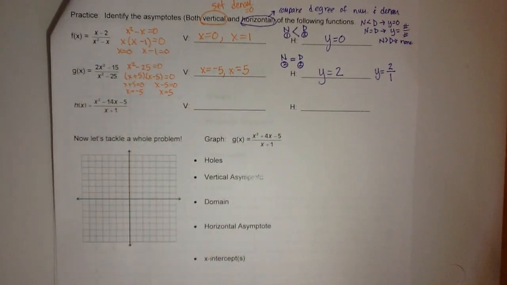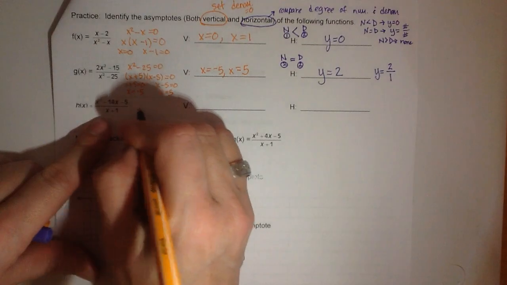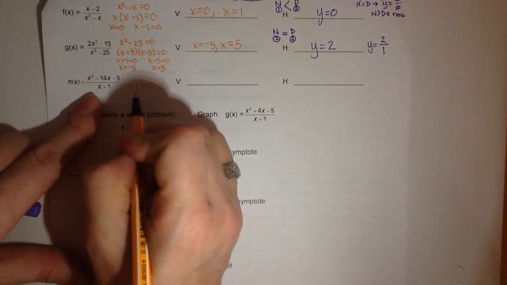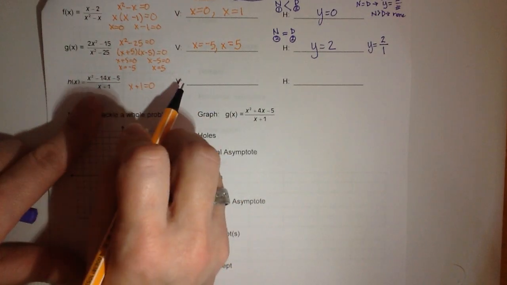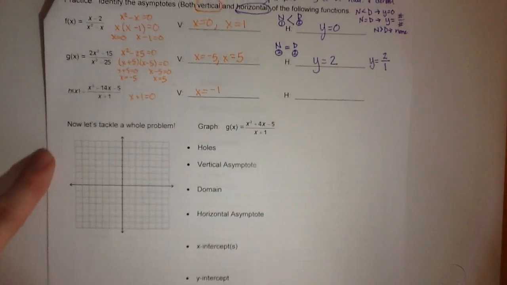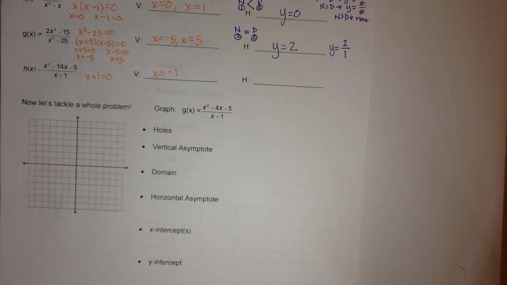H of x. Vertical asymptote. Set the denominator equal to 0, so x plus 1 equals 0. Subtract that 1 over. x equals negative 1, so my vertical asymptote would be x equals negative 1. Horizontal asymptote. Compare the degrees.